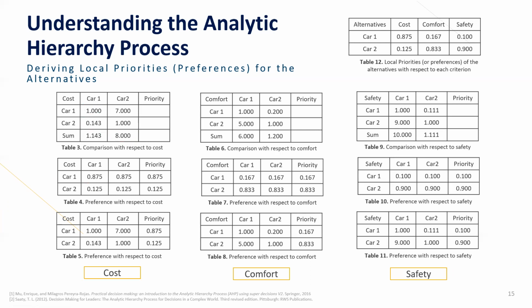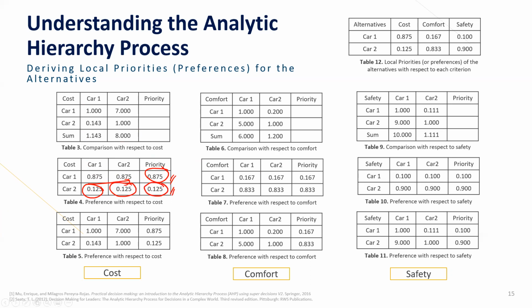And after you normalize, you calculate the priority. Priority is the average of each row: 0.875 plus 0.875 divided by 2 is equal to this, and 0.125 plus 0.125 is equal to this.